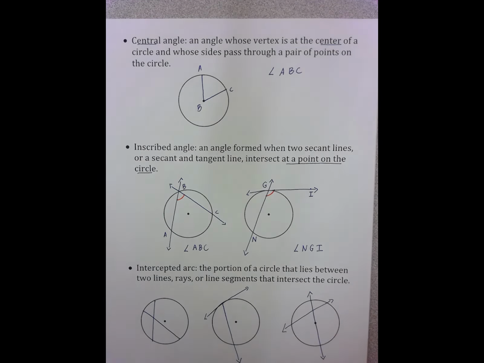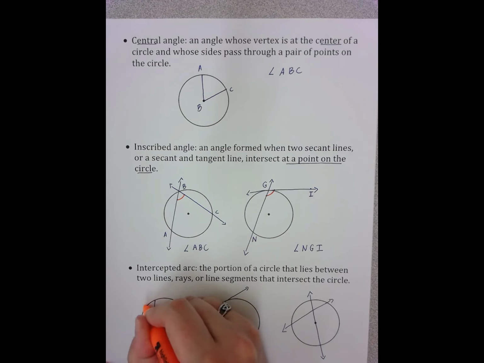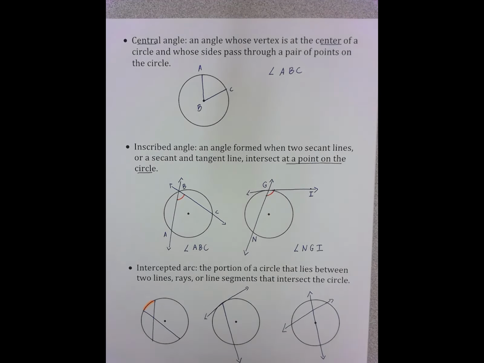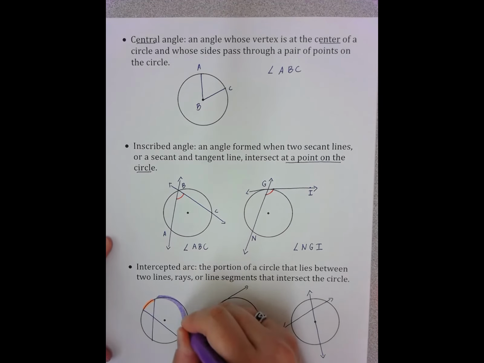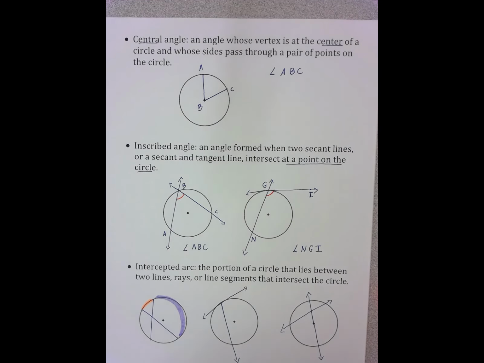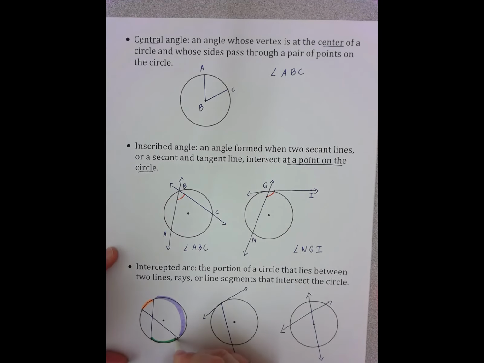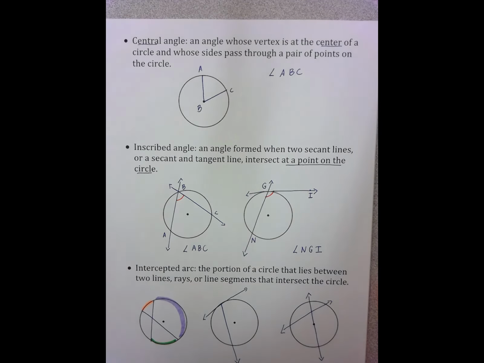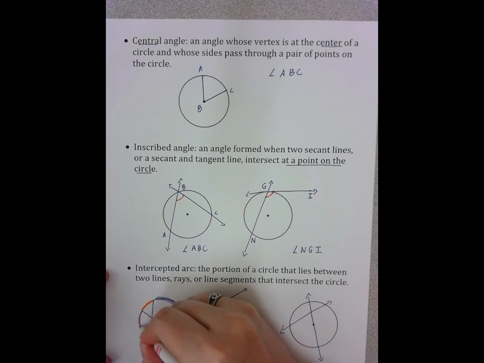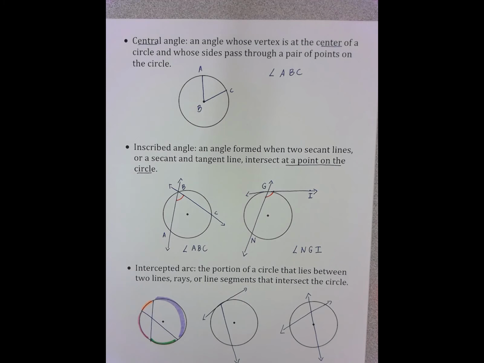I'm going to use a couple of different colors here so that we can see. I have one intercepted arc, a second, third, and a fourth in this first picture. And again, we name them just as we named arcs on the previous page. In my second picture, I only have two.